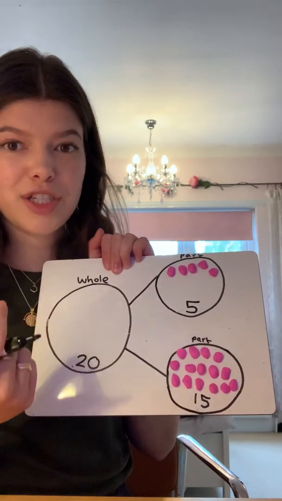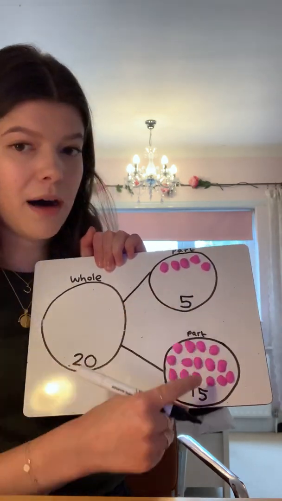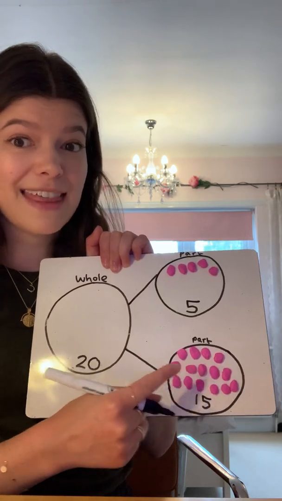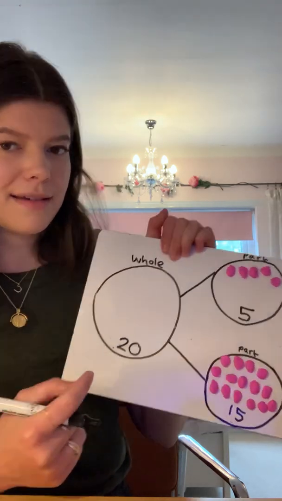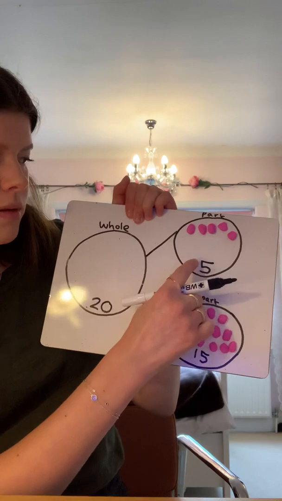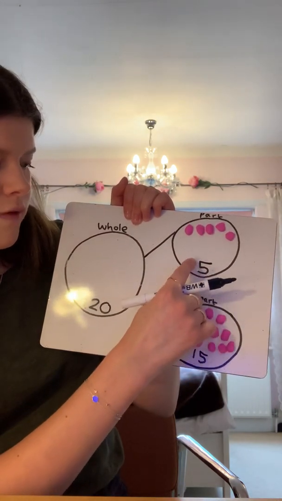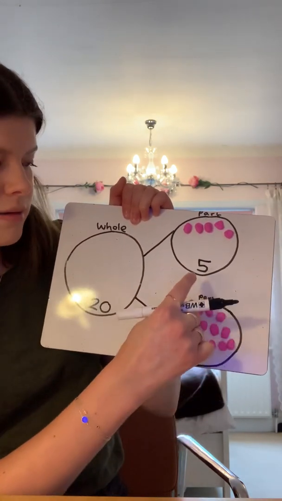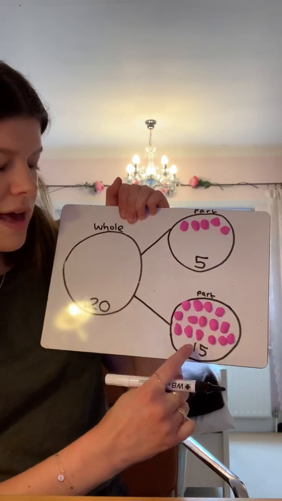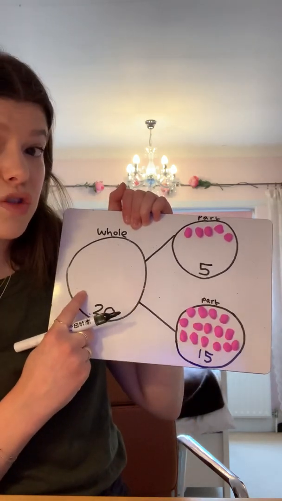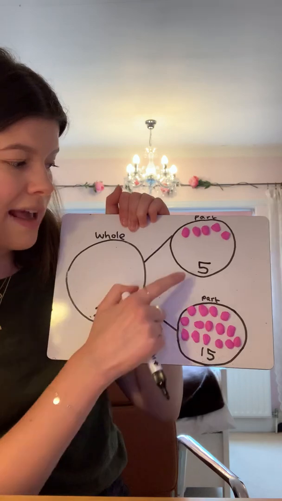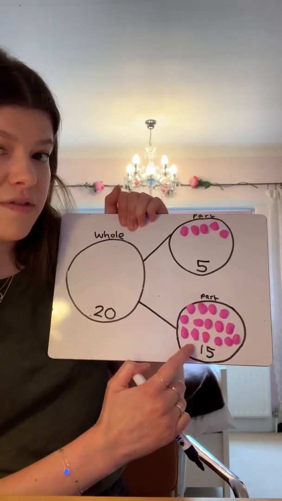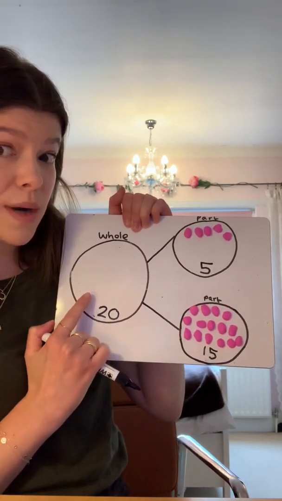Now I'm going to do it the other way around. So I'm going to talk about the parts, and when I put them together, what number they make. Okay, so here, the parts are 5 and 15. Okay, so 5 and 15 make 20. I can also say 5 add 15 is equal to 20.